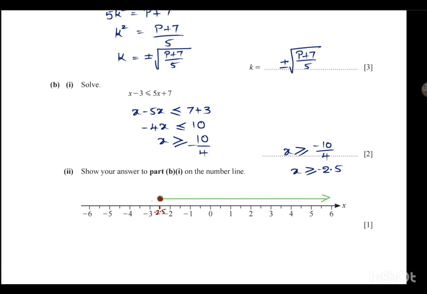So x is greater than or equal to minus 2.5, so it's to the right side. This is done.